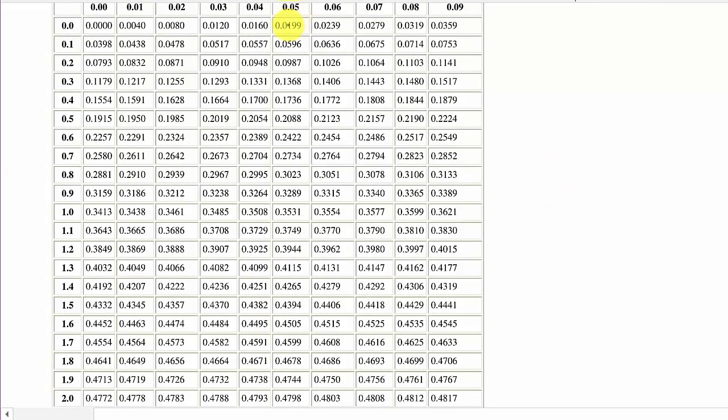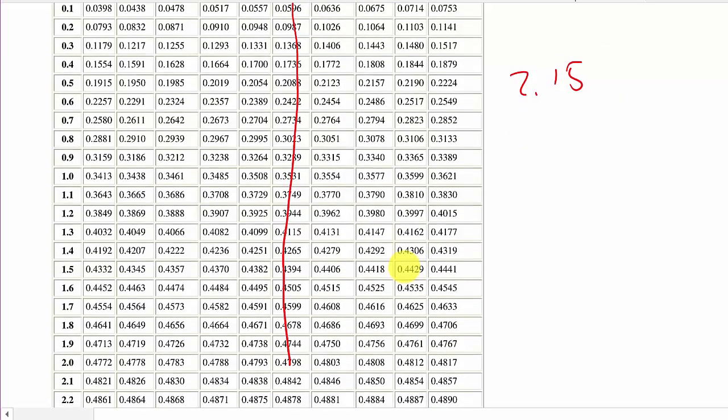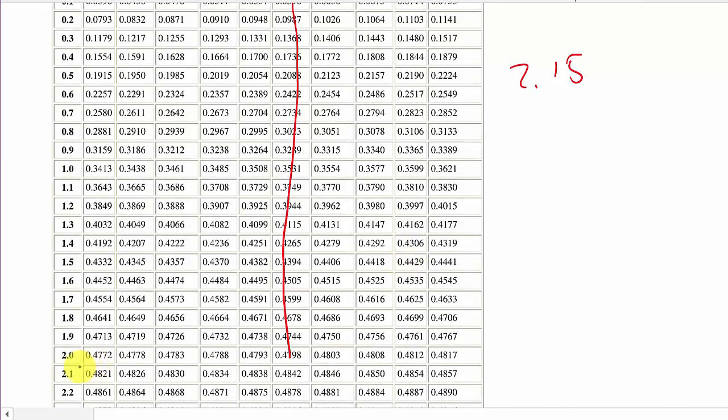We'll come down here, 2.15, so there's our 5, the second decimal place. So 2.1 and then the 5, that's 0.4842.